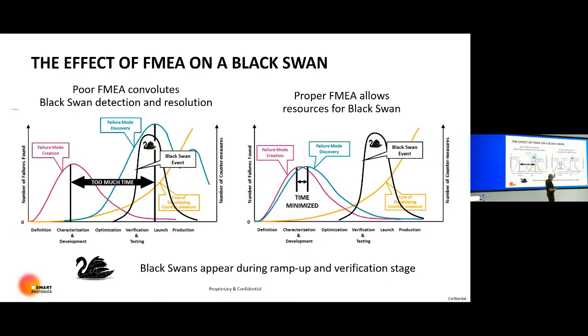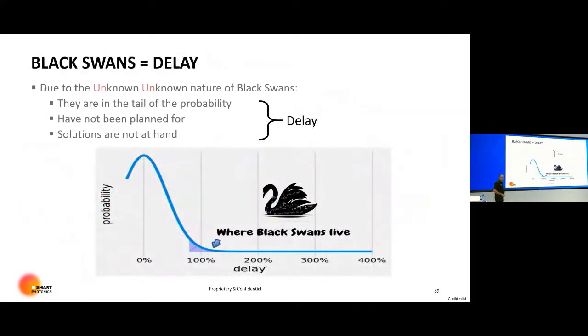However, if we've done a good FMEA, the black swan event is isolated. So now we can recognize the event and do something about it. In a very late stage, but now you give yourself a chance to solve them. But again, by definition, they appear during the ramp up and verification stage towards the end.